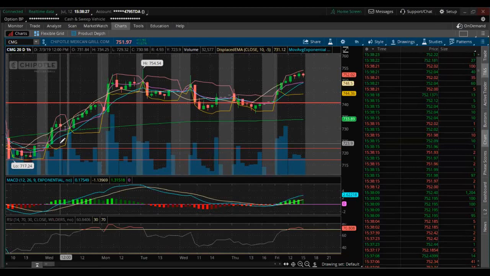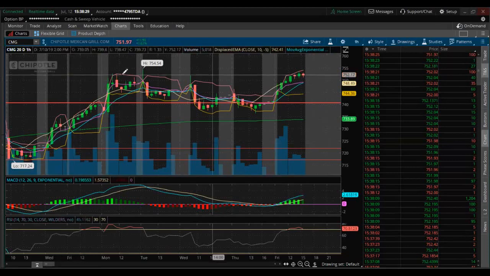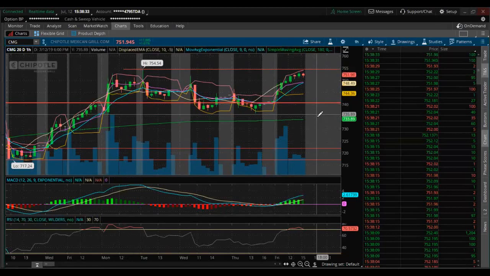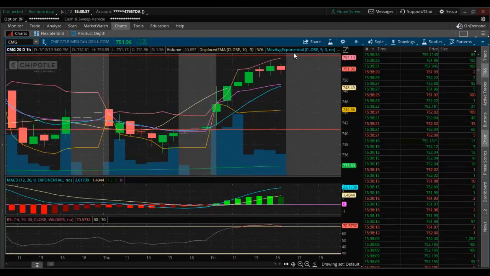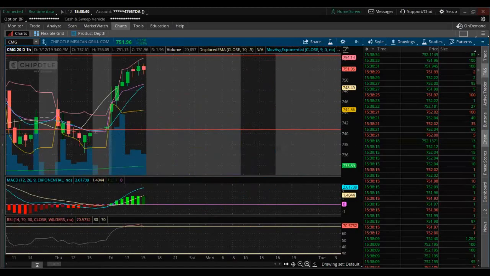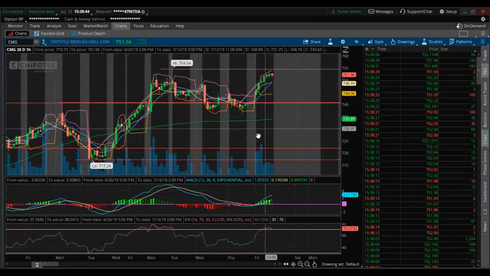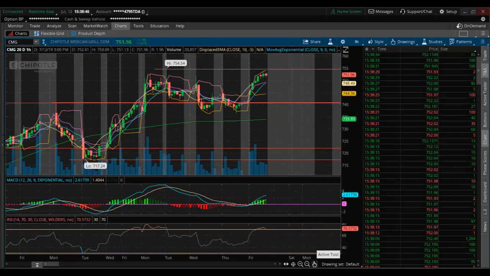So make sure as the stock is going along, as you can see the stock's moving right now, this 754.54 is going to be my new resistance level. So if I'm in the stock long, I want it to break the new high so I can continue to profit. Pretty simple.